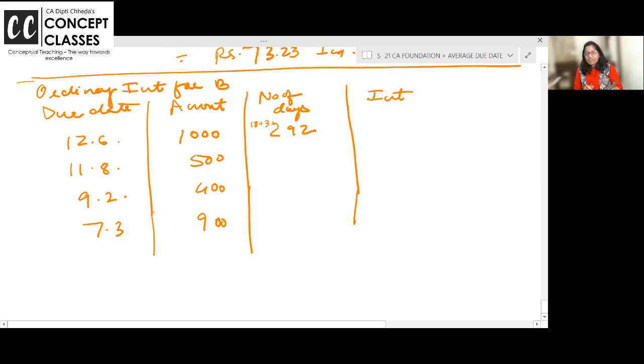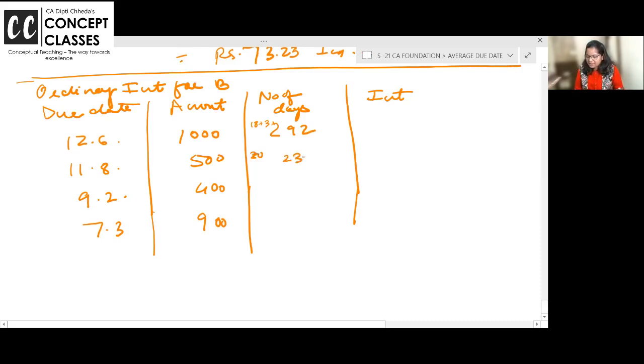Now 500 is on 11th August. So August has 31 days, so 20 days of August. 20 plus September plus October plus November plus December plus January plus February plus March, 232 days.